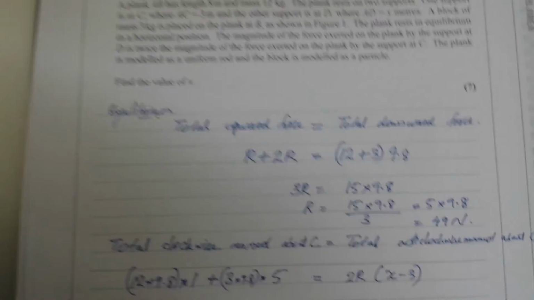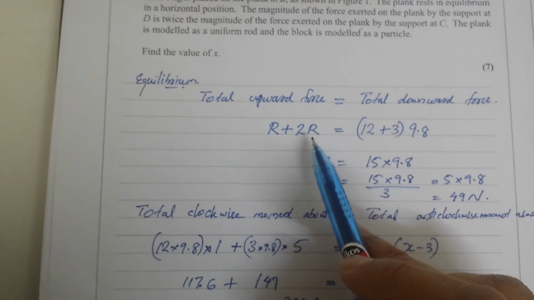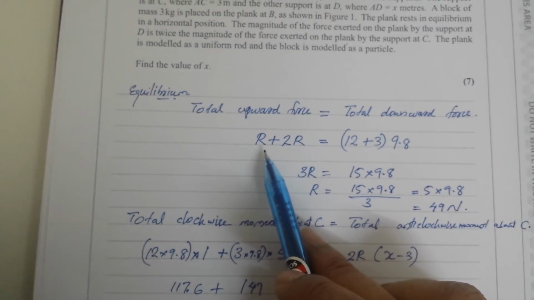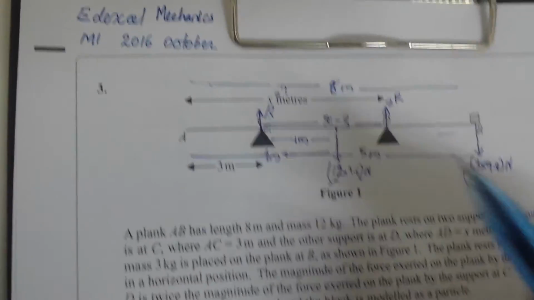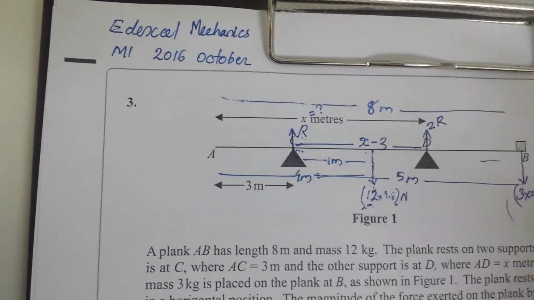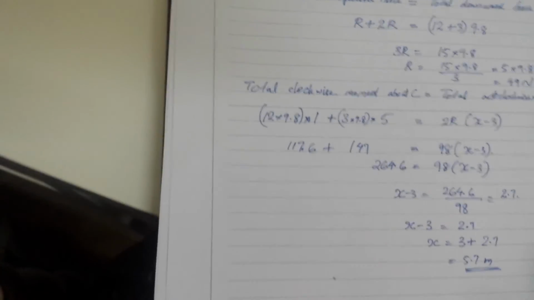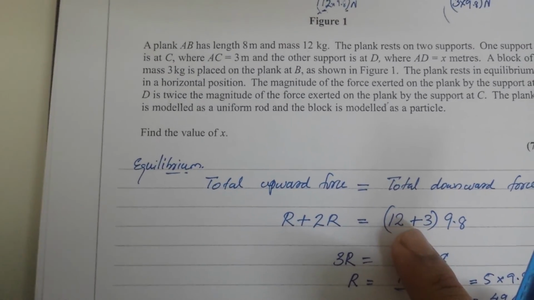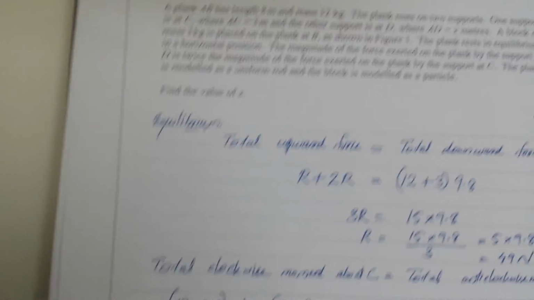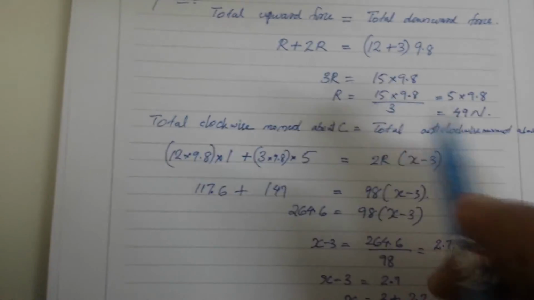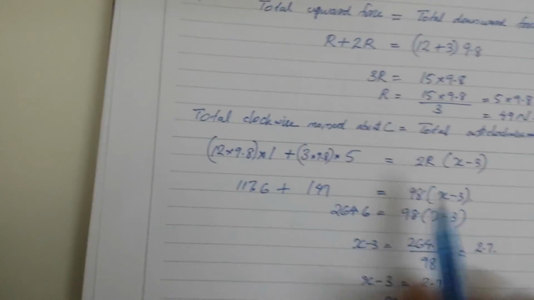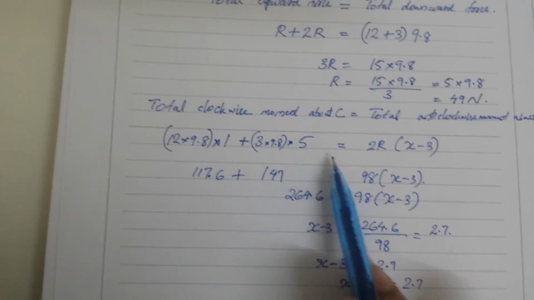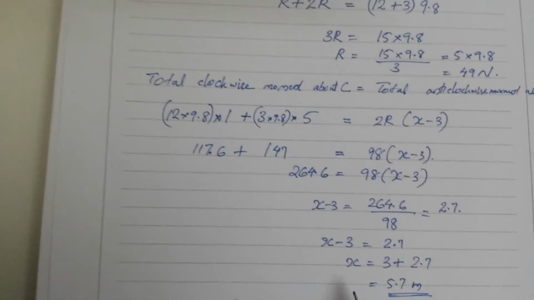So in the question we first solve for R. R is the normal reaction force acting at C, and the other is acting at D. So total upward force is the sum of the two. Total downward force is the weight of the block and the weight of the plank. From that we got the value of R. Then we put that value in the equation of moments, and then we get the answer for x.